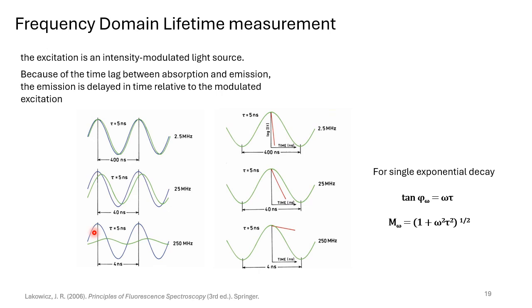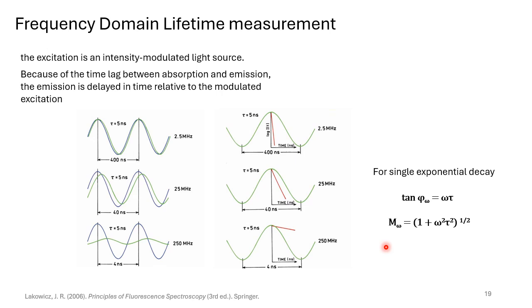So as the light modulation frequency increases, the phase shift of the emission increases and the modulation of the emission decreases, and the phase angle phi and the modulation m on the light modulation frequency are used to recover the intensity decay of the sample.